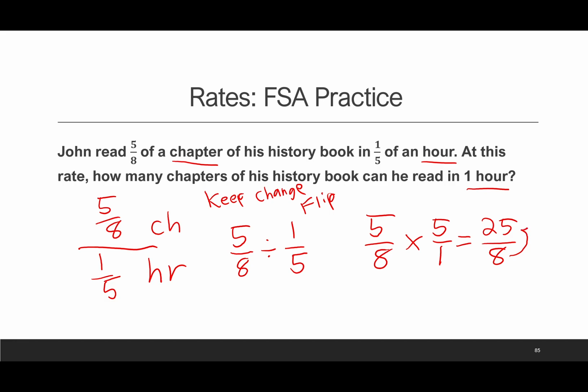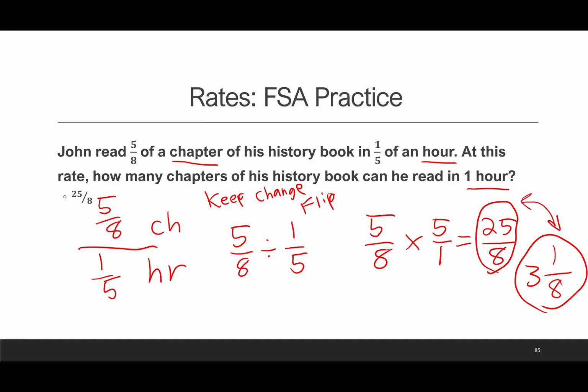How many times does 8 fit inside 25? Well, I believe 3 times. 8 times 3 would be 24, correct? Excellent. How many are left over? 1. Either one of these is acceptable as your final answer. Remember, you cannot use a calculator for this, but either one is acceptable. Okay, moving on.